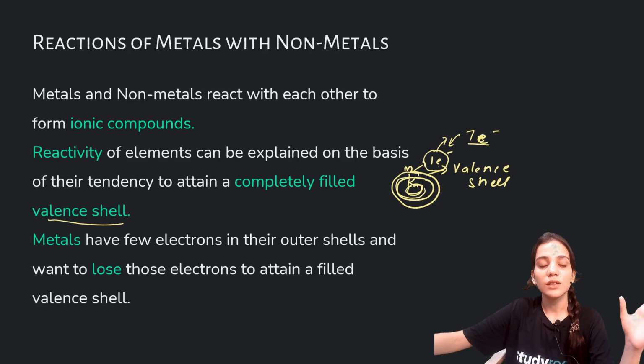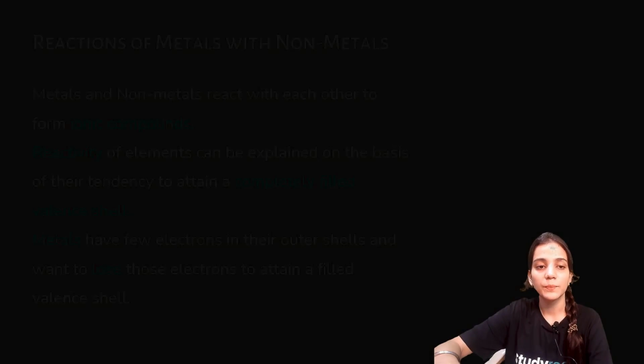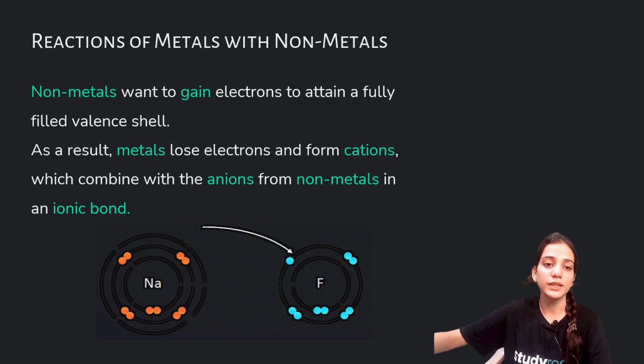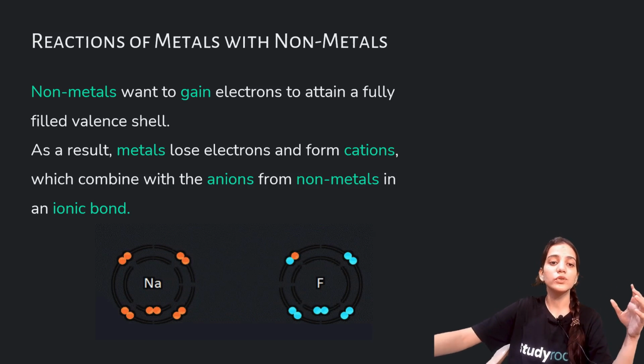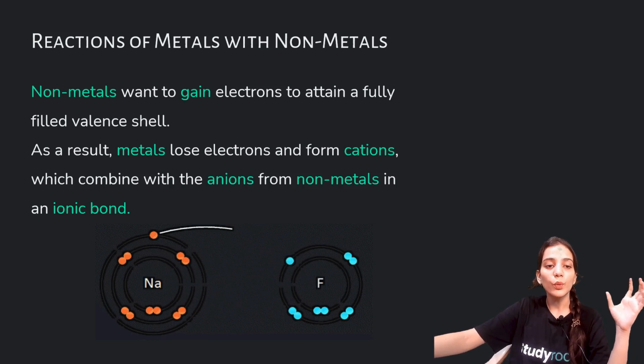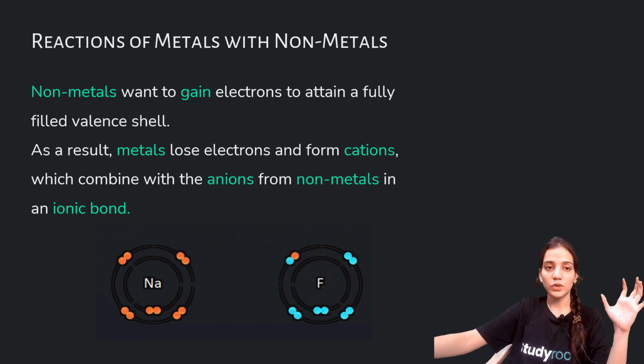Whereas as compared to metals, non-metals will try to gain electrons in order to become more stable. As I told you earlier, non-metals want to gain electrons to attain a fully filled valence shell. As a result, metals lose electrons.